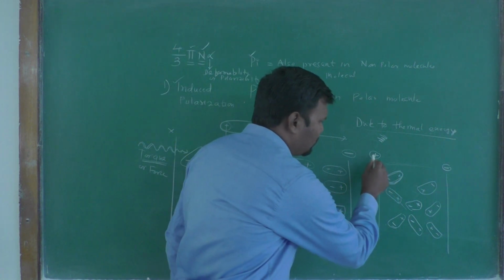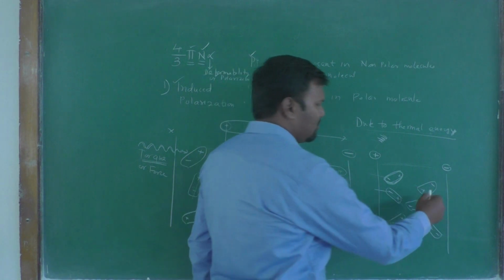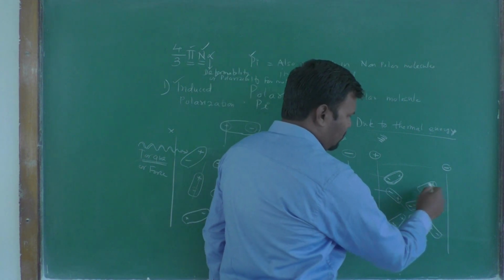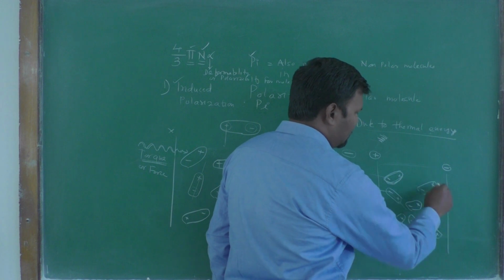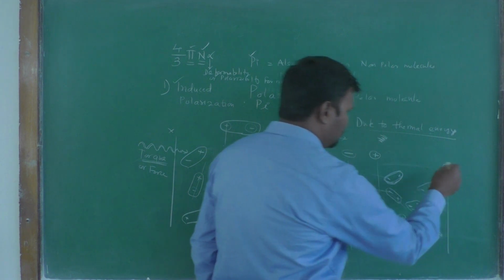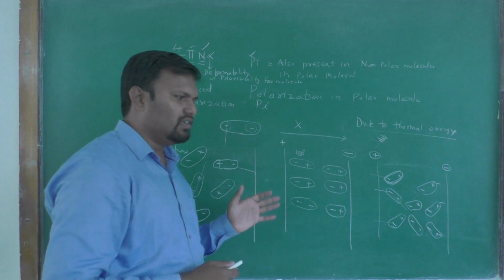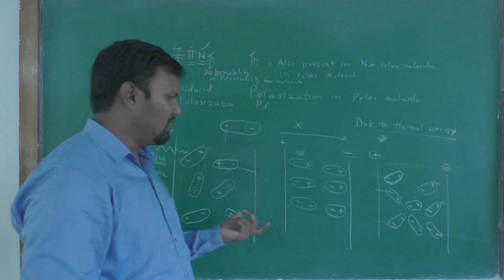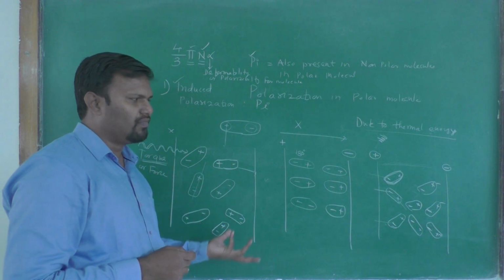Though the positive charge aligns in the negative direction, it is not perfectly aligned. It takes a position in between the applied electric field and its original position.